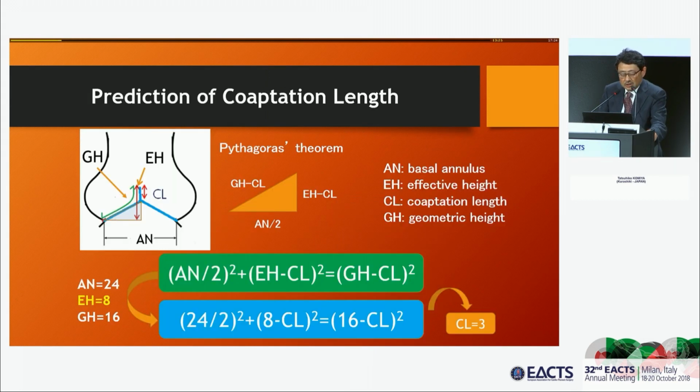Using this geometric height, we calculate coaptation length before operation with the Pythagorean theorem. For effective height, we preset 8, considering our smaller physique. The basal annulus and the mean geometric height were substituted into this equation to get coaptation length.